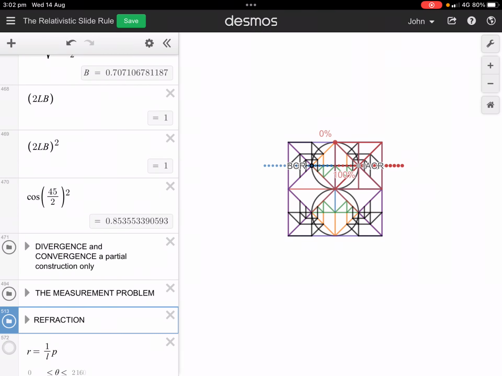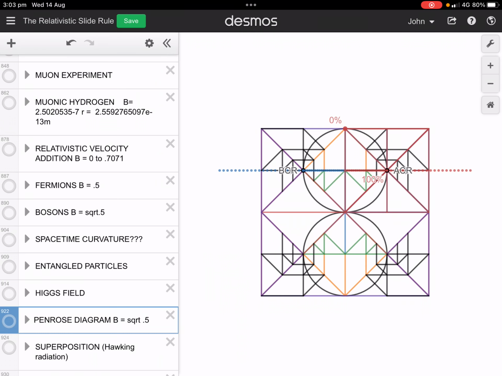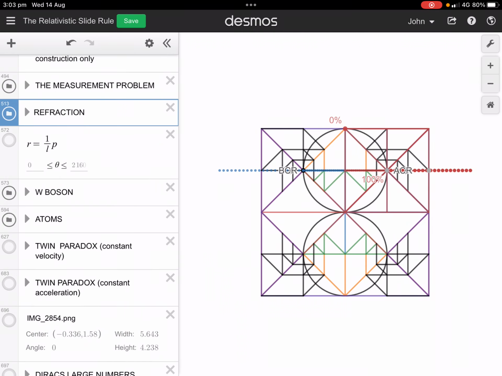And I've actually graphed the square of that magnetic, 2 times the magnetic flux, and so that length is 1, and that's transmitted.